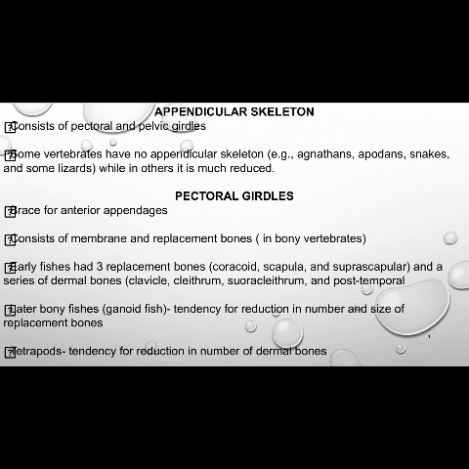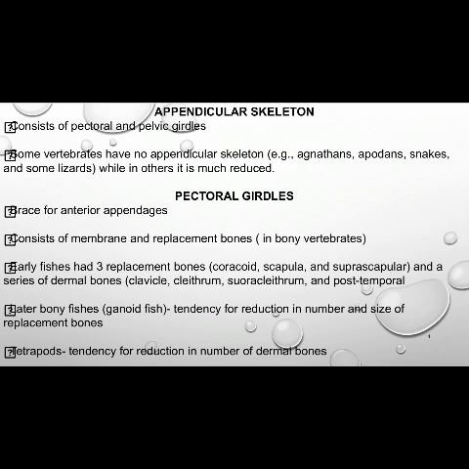Some vertebrates have no appendicular skeleton, like the agnathans, the amphibians, snakes, and some lizards. All these don't have appendicular skeleton, while some other vertebrates have much reduced appendicular skeleton.